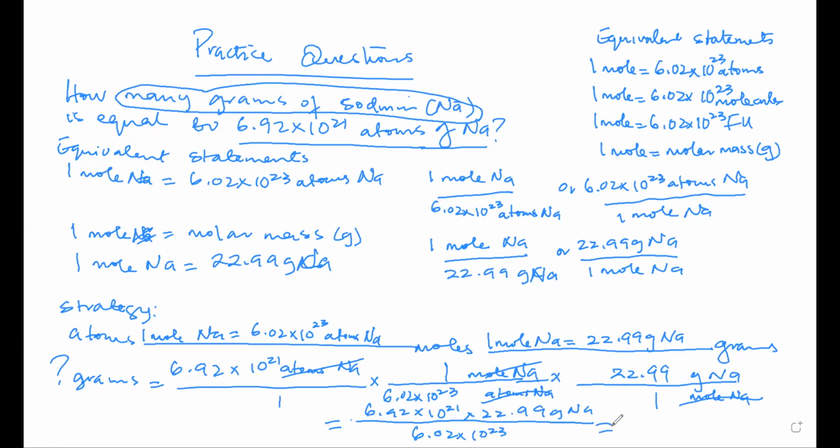Put this in your calculator, and you will get 0.264 grams of sodium. That will be to 3 significant figures.